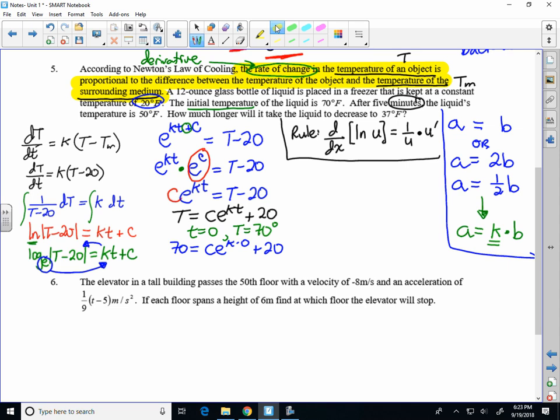Anything raised to the 0th power is going to be equal to 1. Right? So we're looking at a simplified expression. On the right-hand side, it's just c plus 20. Oh, that's cool. This is what I want. Equals 70. And so that tells me that c is equal to 50.